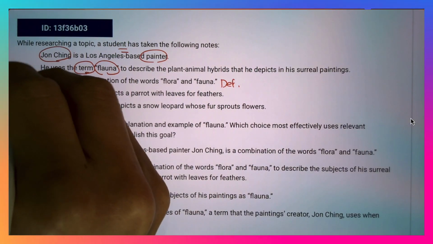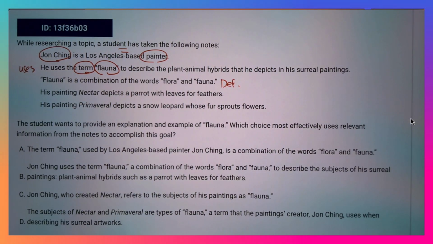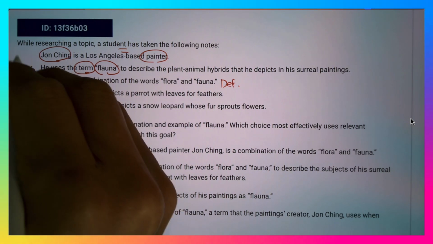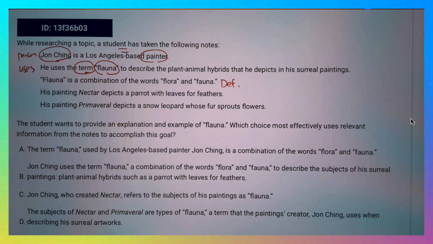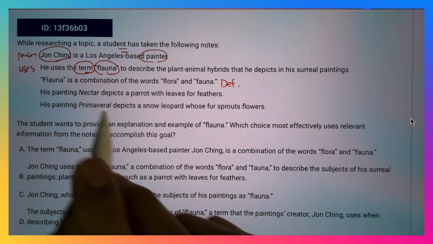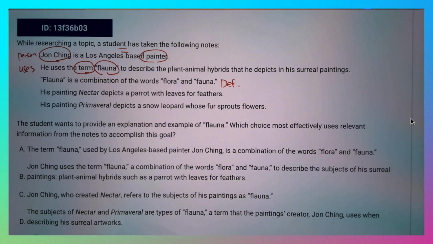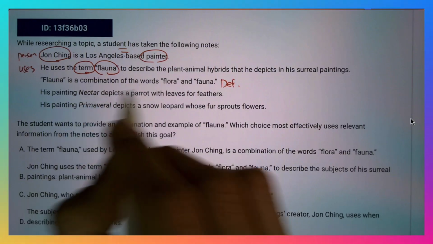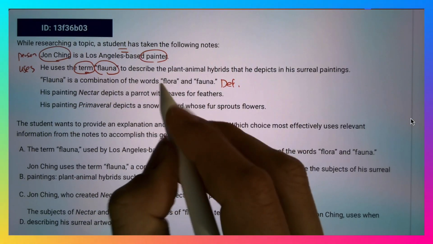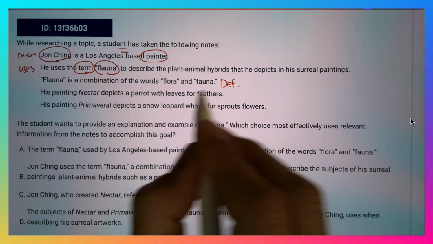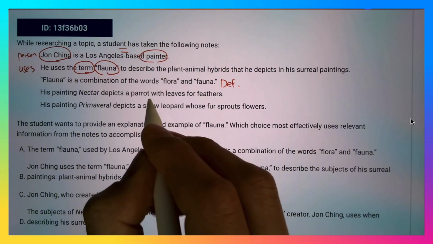And this is a term used in his painting, and this is the person and what he does. His painting Nectar depicts a parrot with leaves for feathers. Now you can see that this is an example of fauna because we have an animal with a plant.